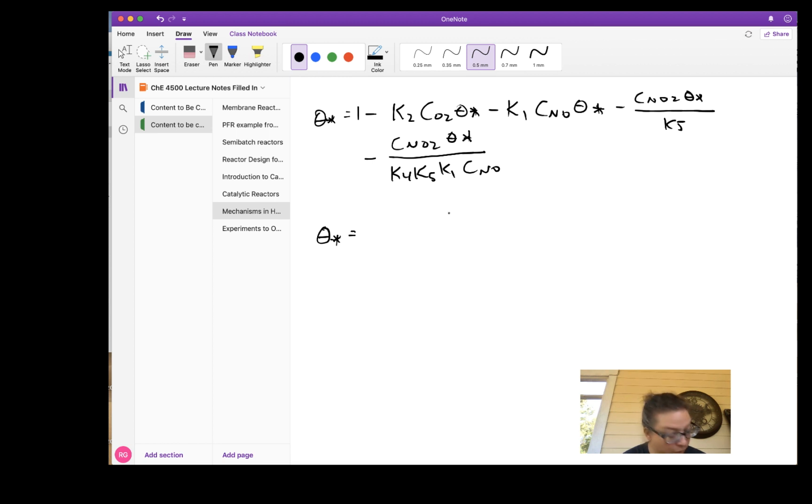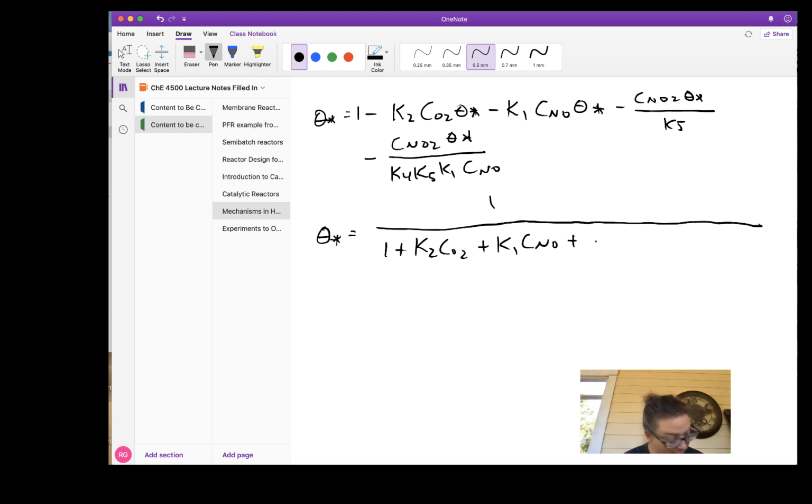Theta star is equal to 1 divided by 1 plus K2CO2 plus K1CNO plus CNO2 divided by K4, K5, K1 CNO plus CNO2 divided by K5. So that's my expression for theta star.